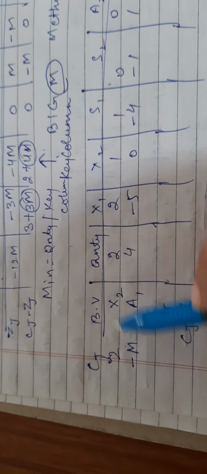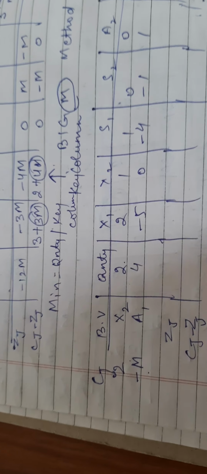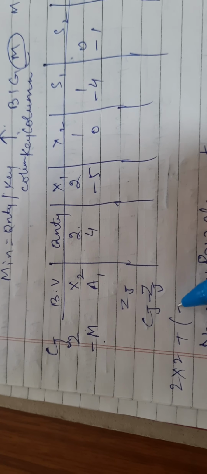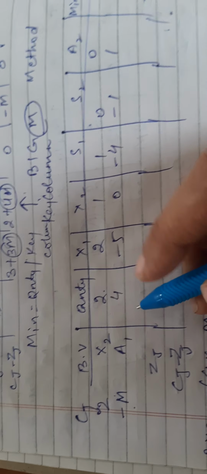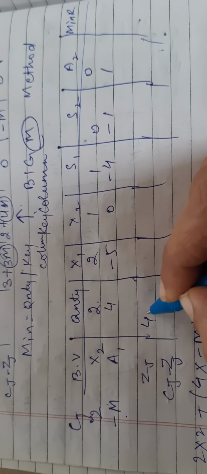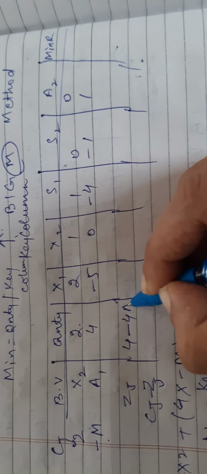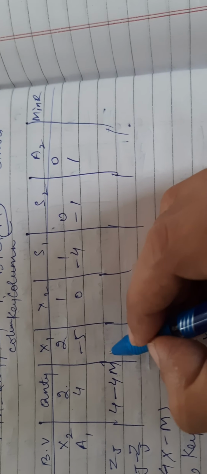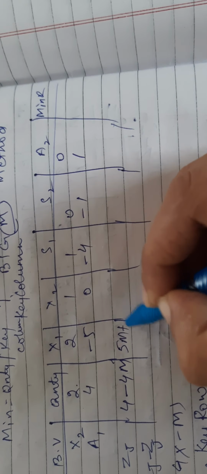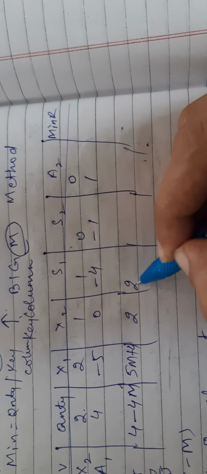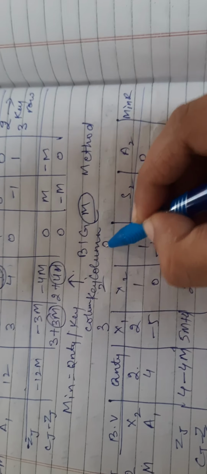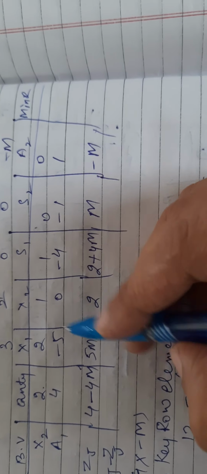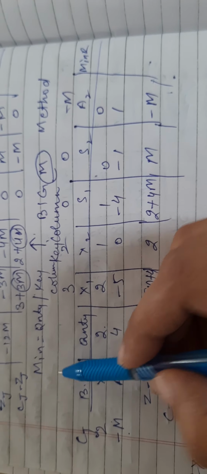So 2 multiplied by 2, plus 2 multiplied by 2, plus 4 multiplied by minus M. This comes to be the value of zj: 4 minus 4M, and similarly 5M plus 4, this is 2, this is 2 plus 4M, this is M, and this is minus M. Then I write the objective function 3, 2, 0, 0 and minus M, and deduct to get cj minus zj.